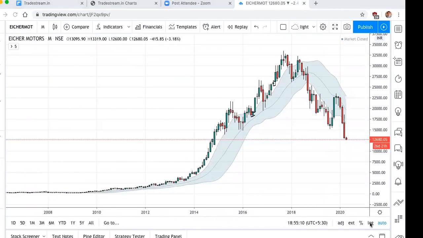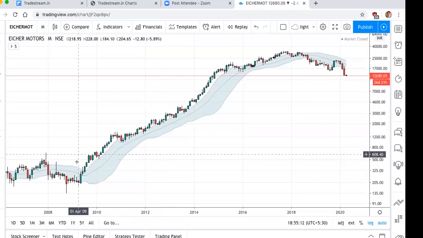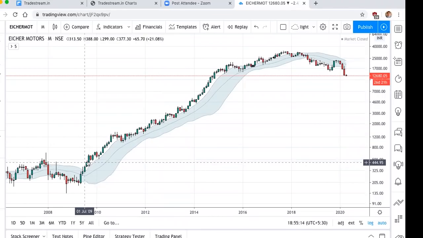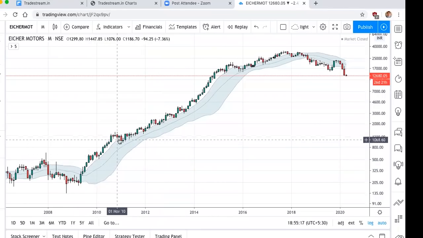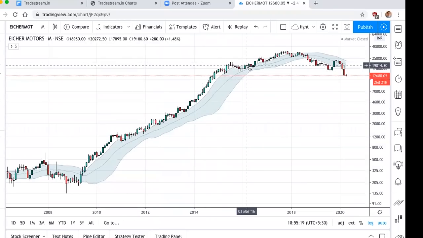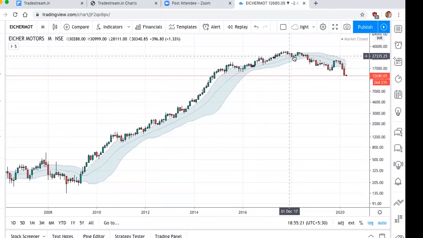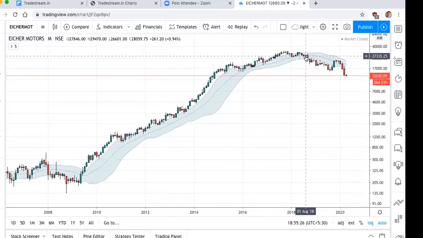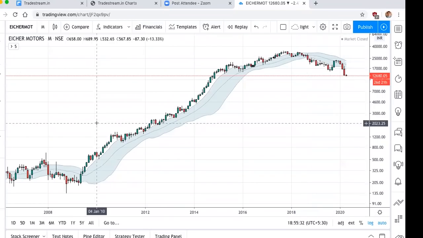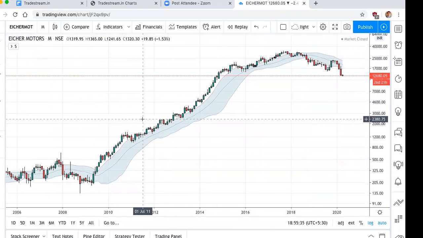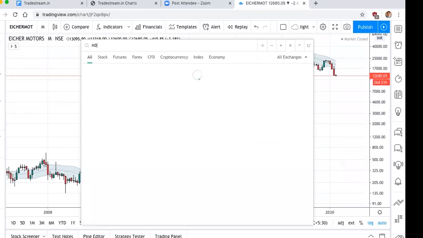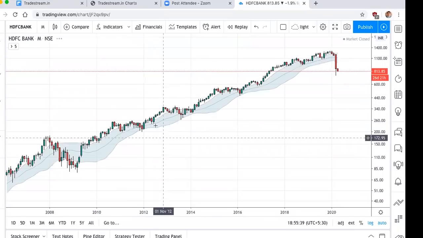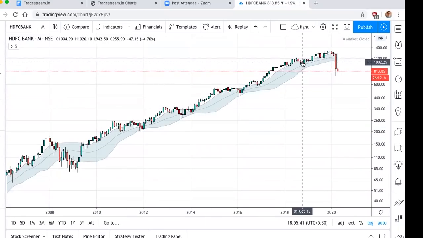So just switch to log charts, and we got an entry somewhere in 2009, and it stayed the entire time outside the Bollinger Band, and that trend got over somewhere here once and then resumed, and so finally in August at 27,000, and from there it's down 50%. So this is good for the really long-term holdings, or say something like HDFC Bank, which would keep you in your uptrend for most of the time.